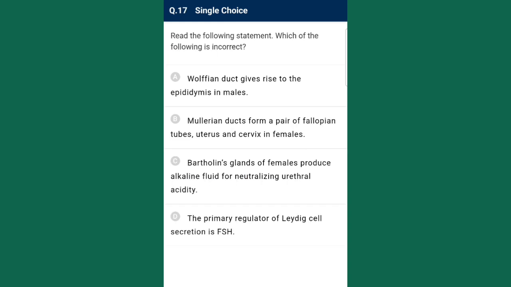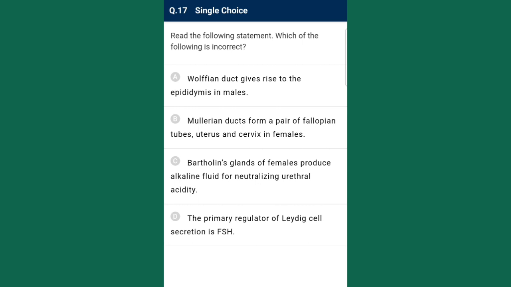Question number 17. Read the following statements. Which of the following is incorrect? Hormonal control of the male reproductive system. Testes are heterocrine in nature as they behave as a primary sex organ as well as an endocrine gland. The testis is composed of seminiferous tubules and Leydig cells.